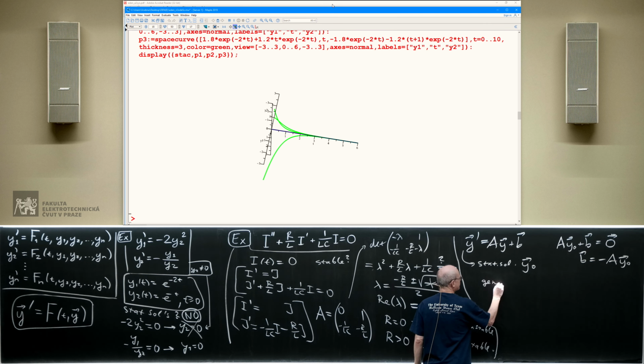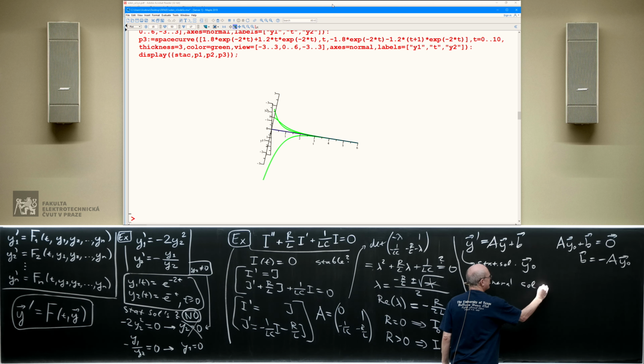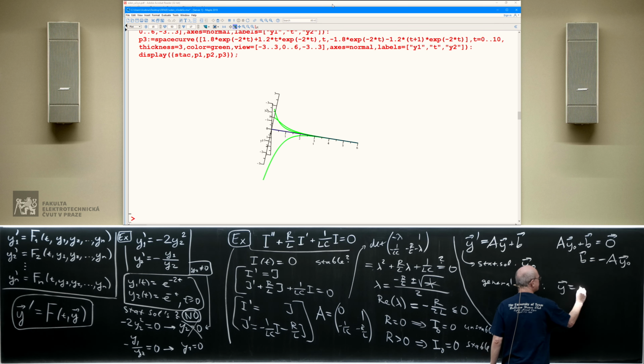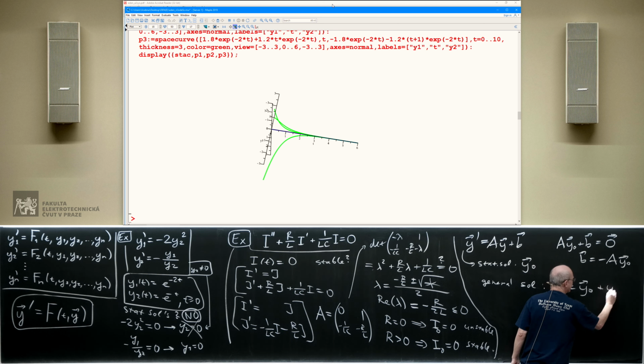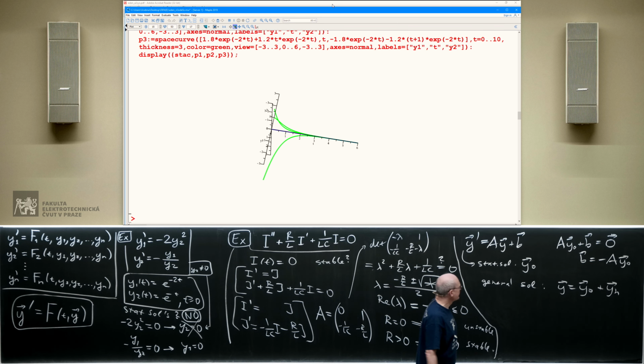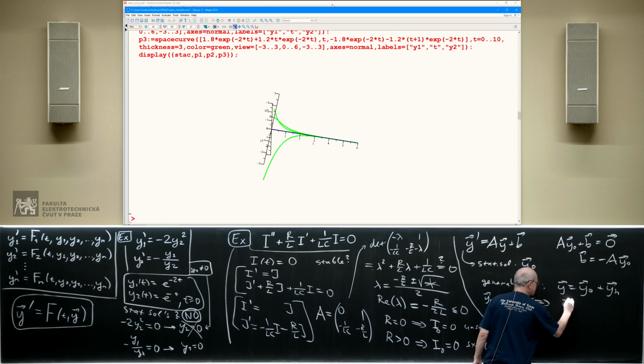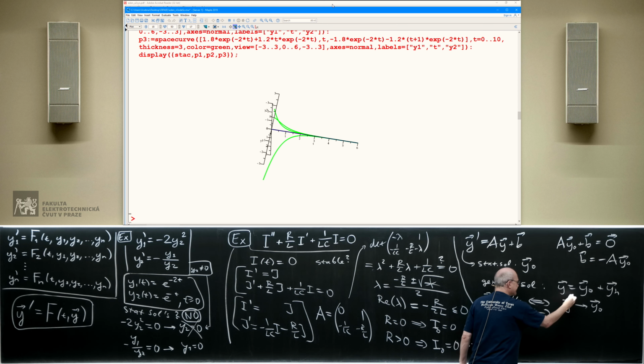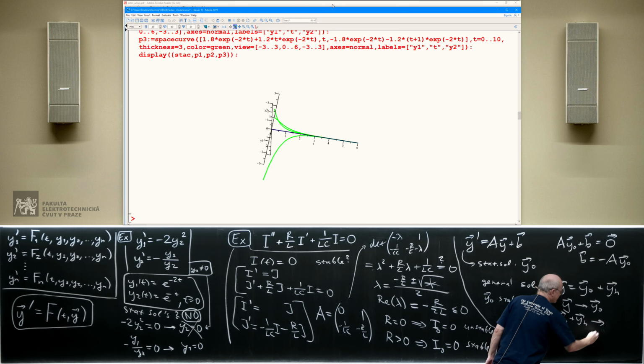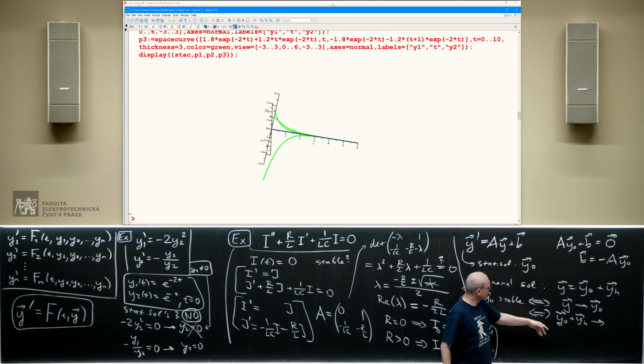So the general solution has the form y is equal to y naught plus yh. Now, when is our stationary solution stable? Well, it is stable if all nearby solutions go to it. But now, all the nearby solutions look like this. We have y naught, that's our stationary solution, and some solution of the homogeneous system.